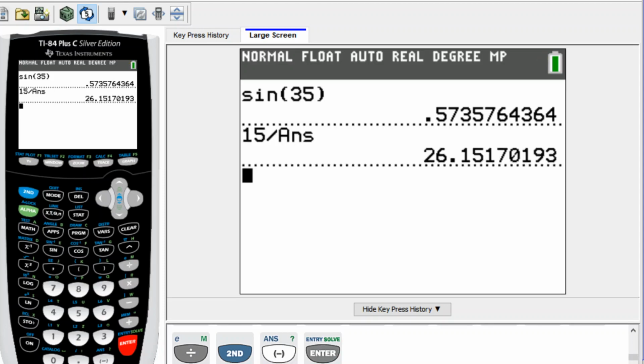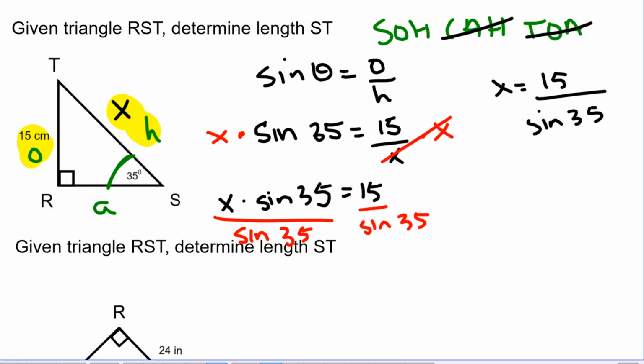Just make sure that the 15 is on top and the sine 35 is on the bottom. So 26.2 if I'm rounding that. x equals 26.2 centimeters. And we always want to verify our answer. Does this make sense? Is our hypotenuse the longest side? Yeah, it should be longer than the opposite. It seems like a reasonable number.